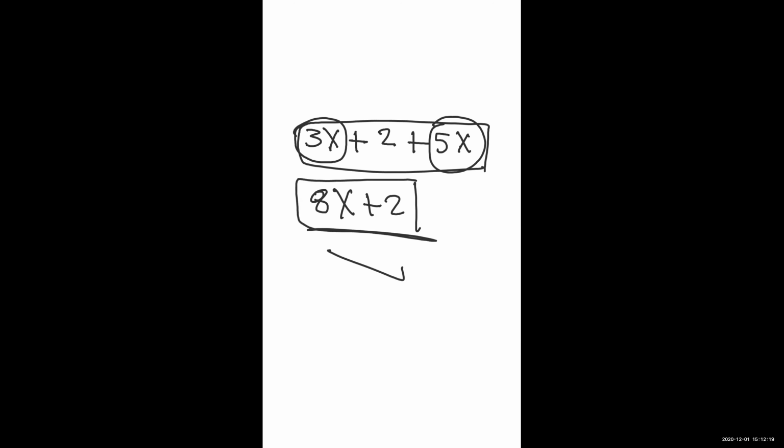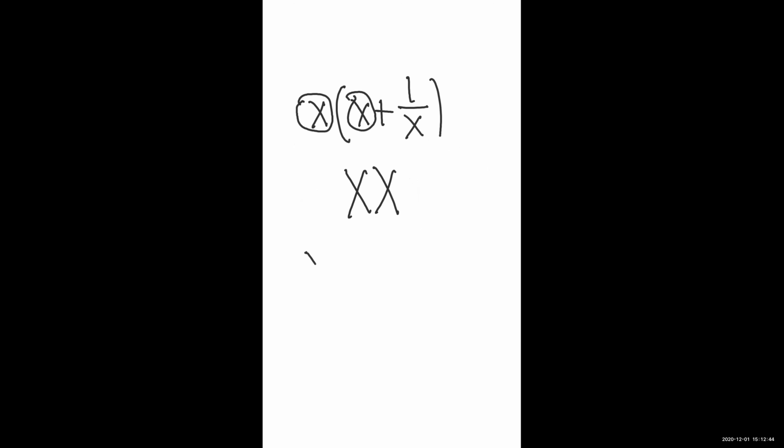So if it's like this one, x times x plus 1 over x. Is this one a polynomial or not? Actually, this one is not a polynomial. Why? Now we can multiply this one by this one, so it will equal x squared plus x times 1 over x, which is x over x, which is 1.